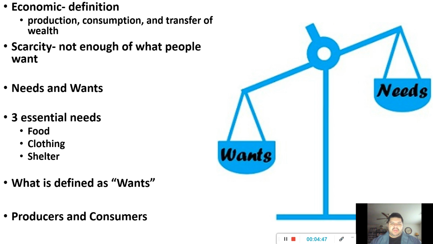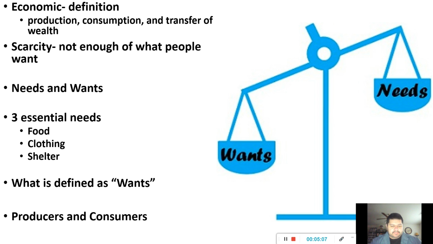No. Shelter, same thing. You don't need a mansion. You just need a little place for yourself, or enough for your family. Even a cave technically counts as shelter.